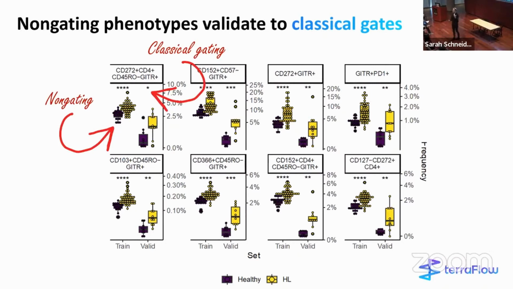And it turns out that they validate. So in other words, you can easily translate back and forth between non-gating and classical gating phenotypes. The difference is that with our method, you can do the early discovery without having to rely on thresholds.